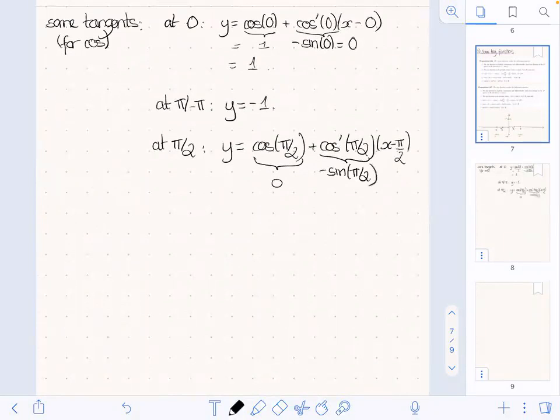But what's sine of pi over 2? 1. Yes, absolutely. So with the minus sign, that gives us -1, and so y will be equal to pi over 2 minus x.